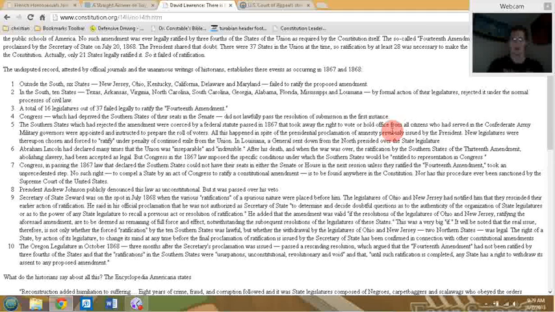And now you have it here, where the Congress and the Senate are saying, you Southerners, you're not going to get your representatives, you're not going to get your senators coming up in the national government until you ratify this 14th Amendment. They made an 1867 law passing it, and it went to President Johnson, and he vetoed it. As we're going to notice later, they're going to override it.